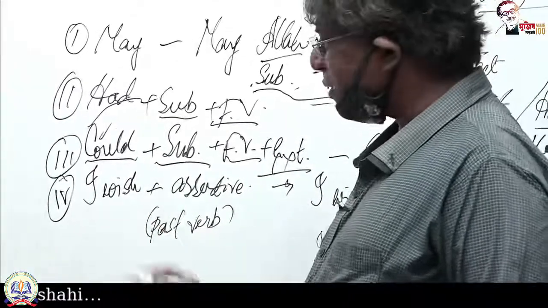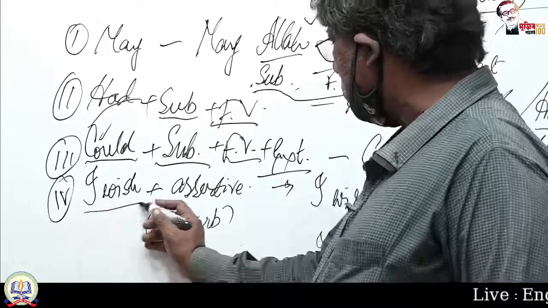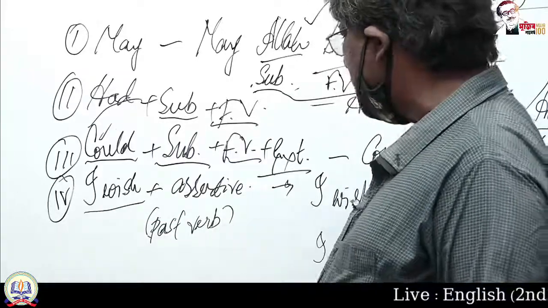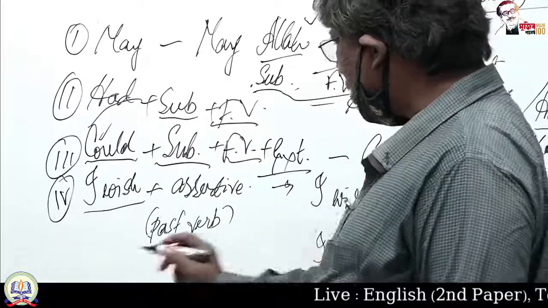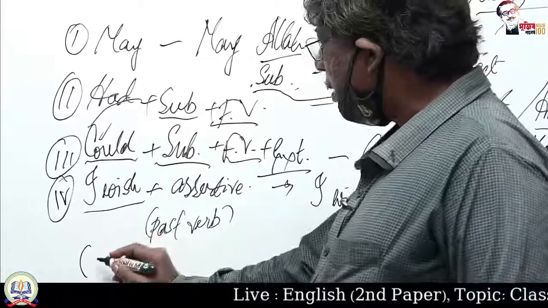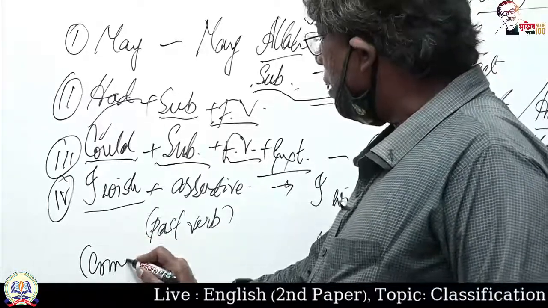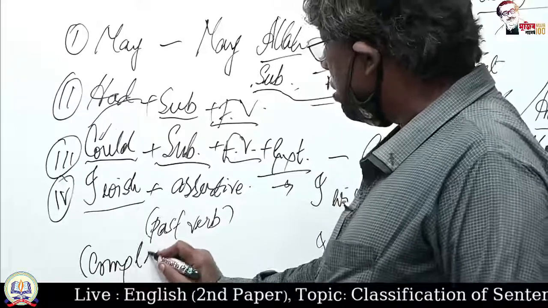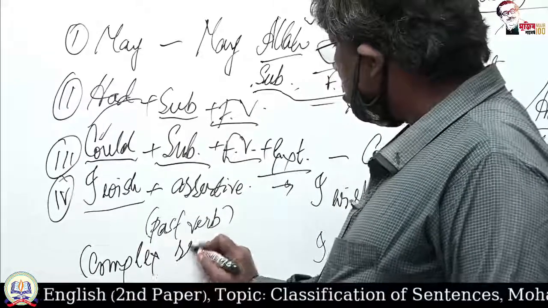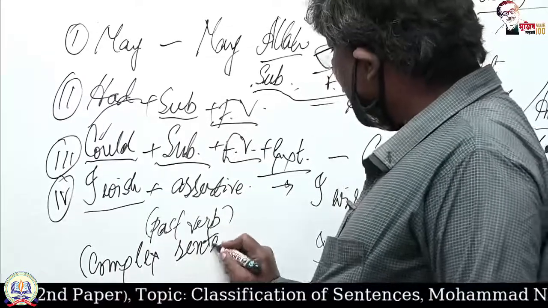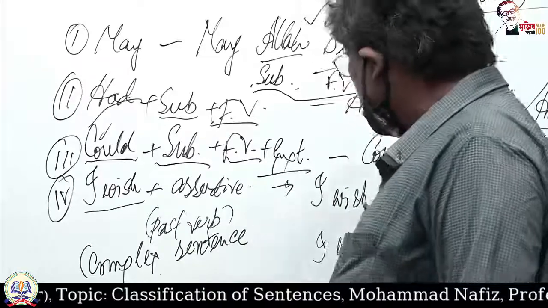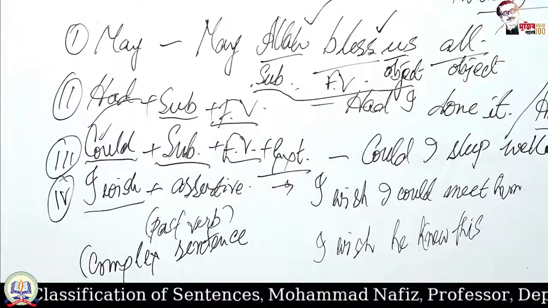Finally, we have some optative sentences beginning with the clause 'I wish' with an assertive sentence, and of course they make a complex sentence because of the existence of two clauses in such sentences.